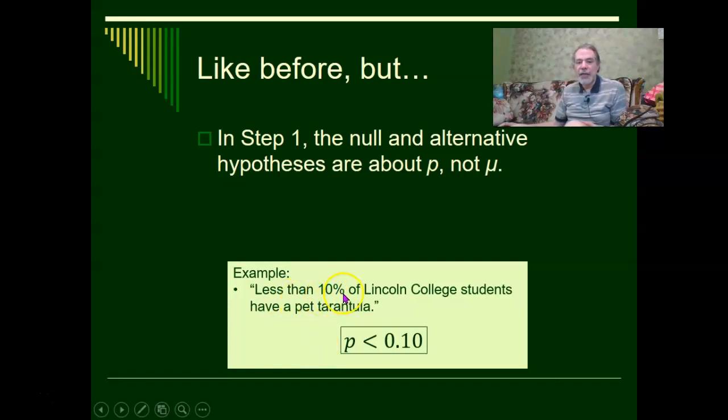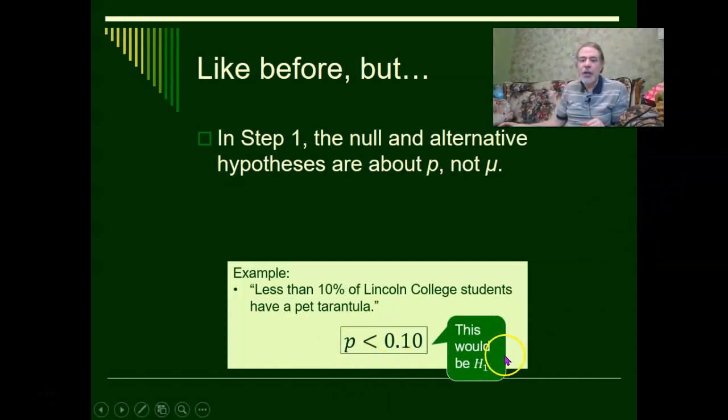So this would translate into p is less than 0.10. So instead of being about mu, that mu is less than some number or greater than some number or equal to some number, it's about p. In this case, about p being less than some number.